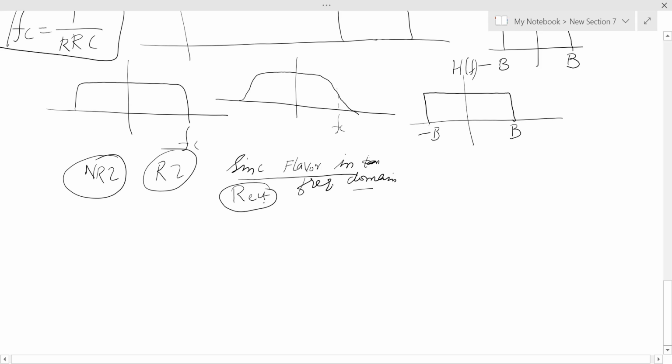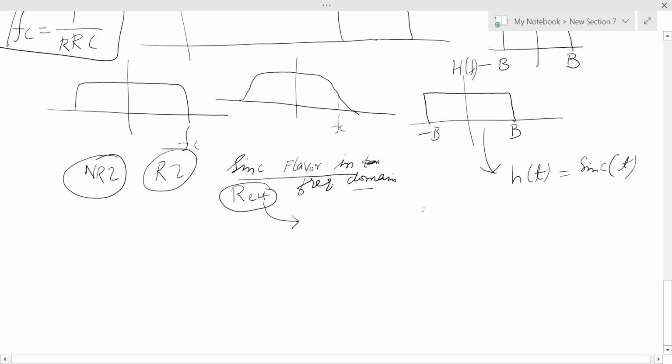Now since they are rectangular waveforms, and this is the transfer function of the channel, the effective channel impulse response will be a sinc.